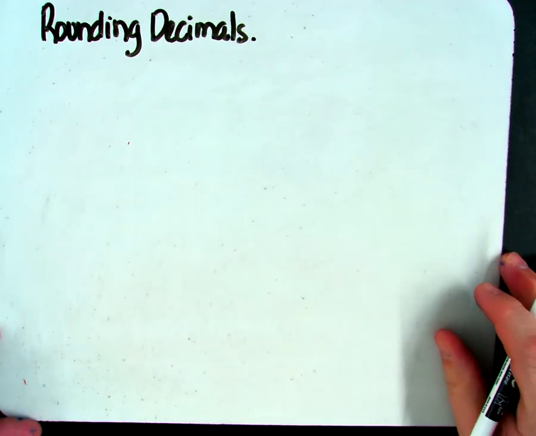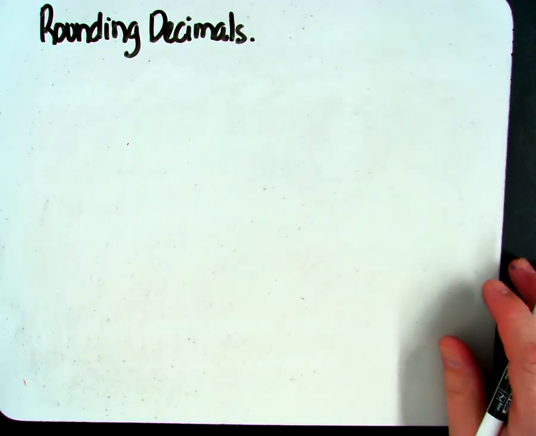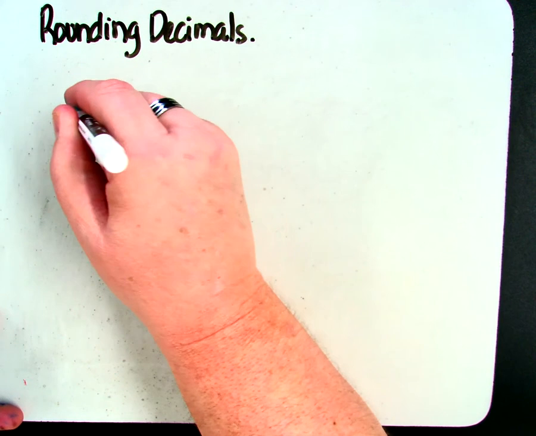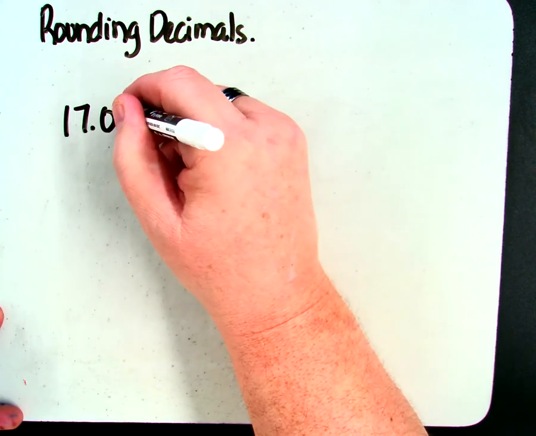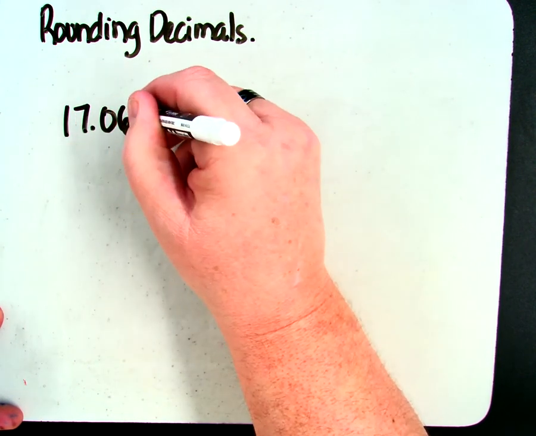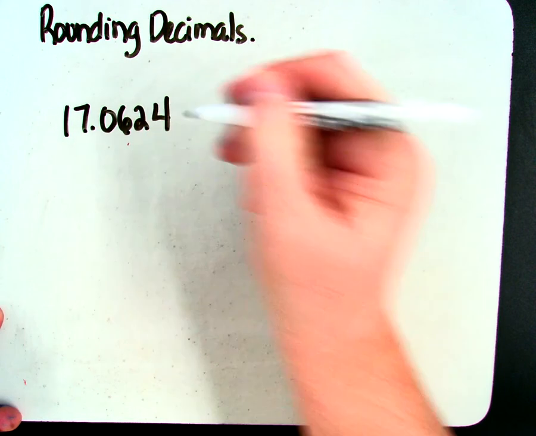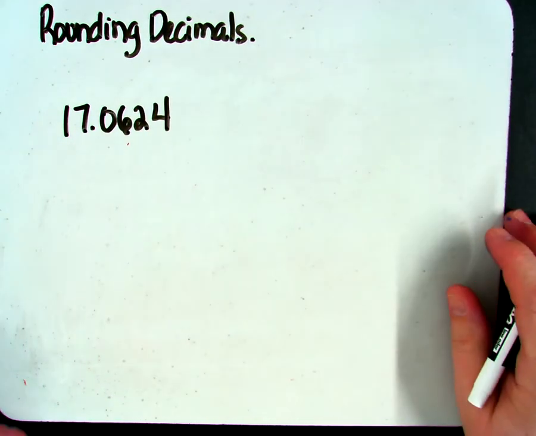Now we're going to look at rounding decimals. Let's look at this particular number.